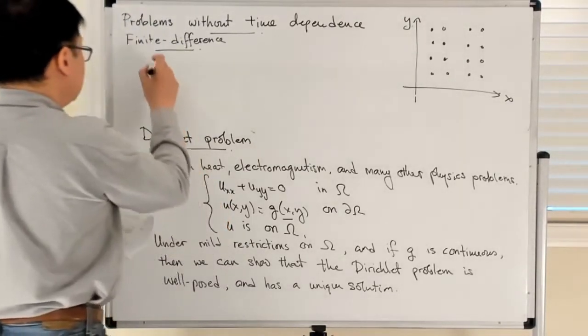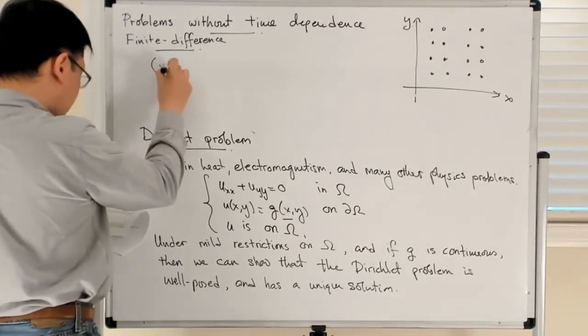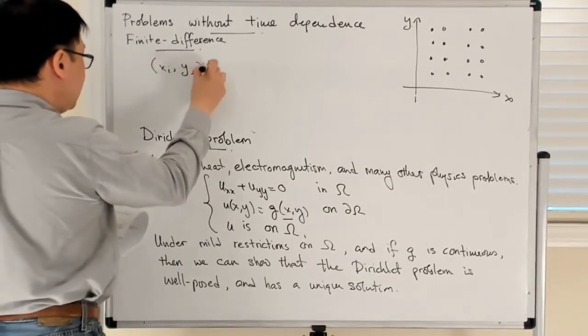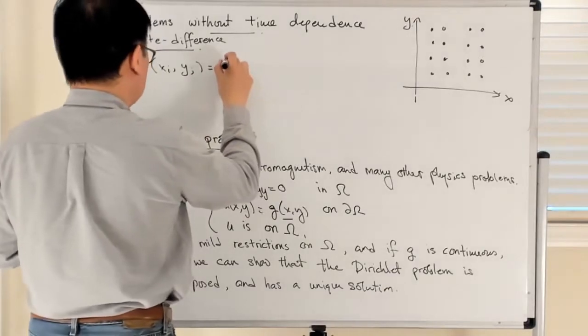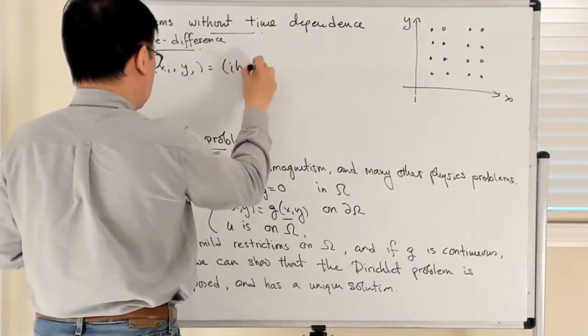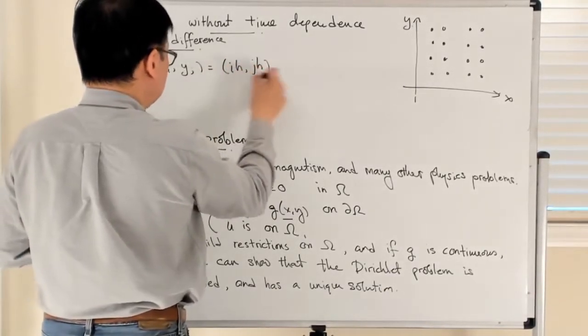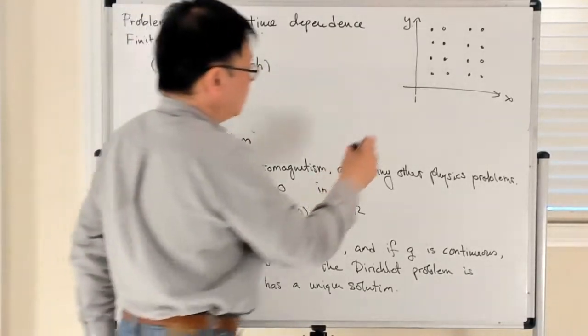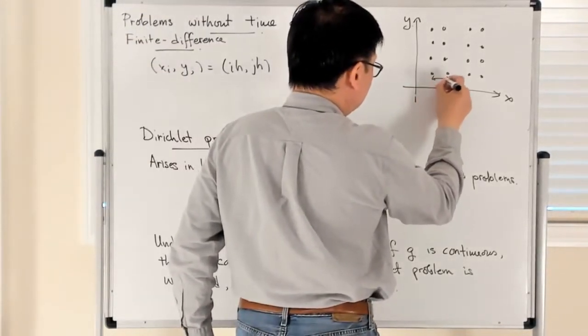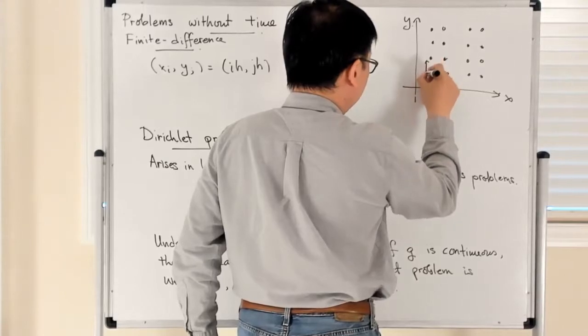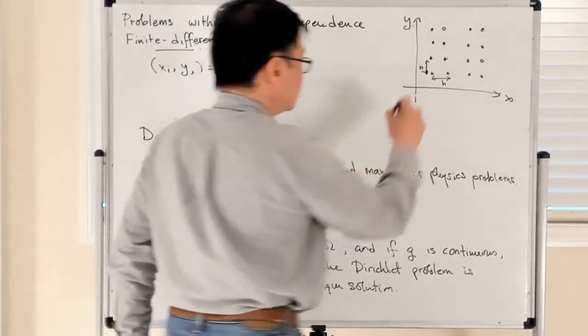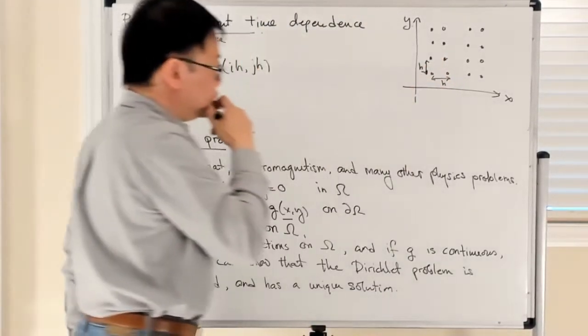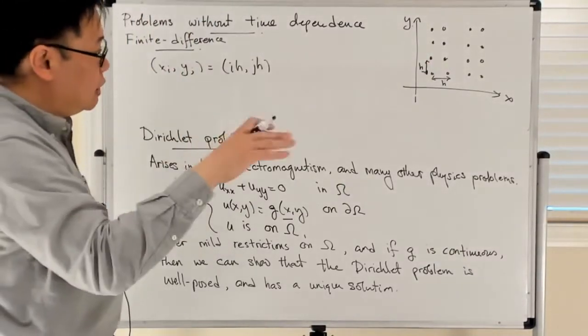So I'm just going to set it up. Let's call it x_i, y_j, as i times h, j times h. So here I'm going to assume there's going to be a spacing h in both the x and y directions, so a uniform mesh in both directions.